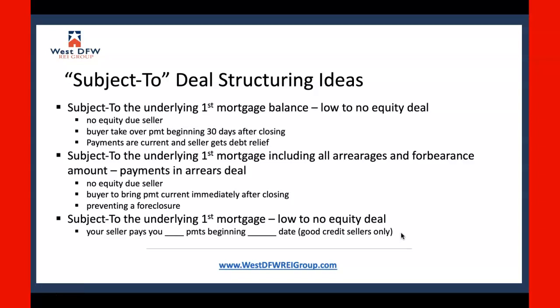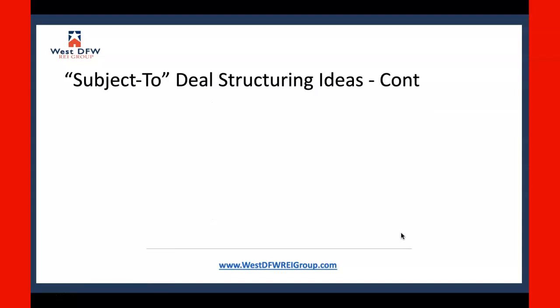Again, this is for a good credit seller only. Buyer begins making payments 30 days after closing. Again, you're paying in arrears, so you want to make sure that the payment for this month is paid by the seller. You take over the following month. Again, it's a low to no equity kind of deal.